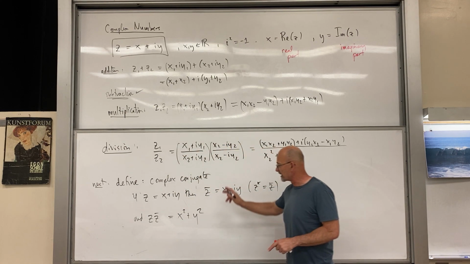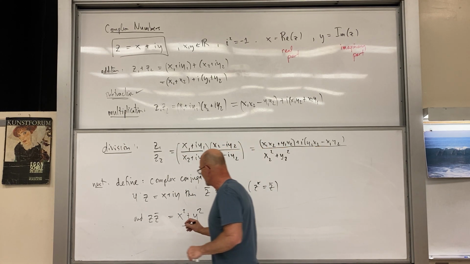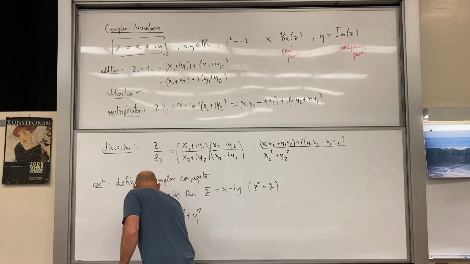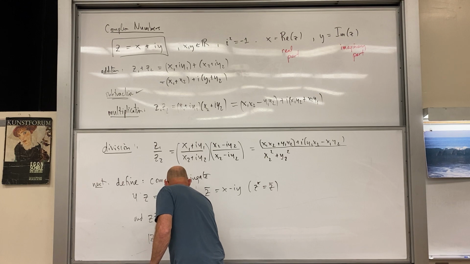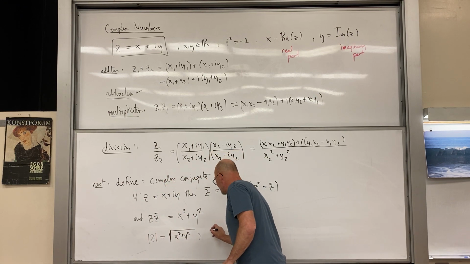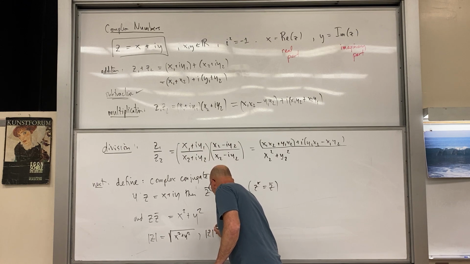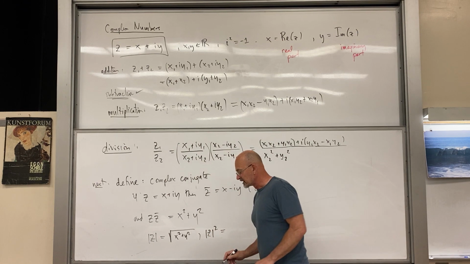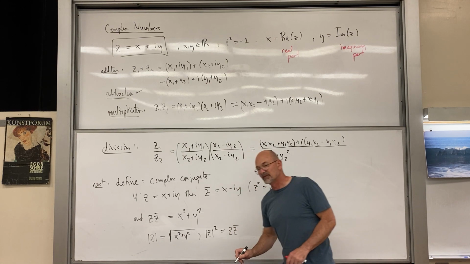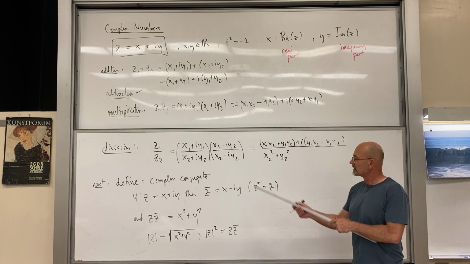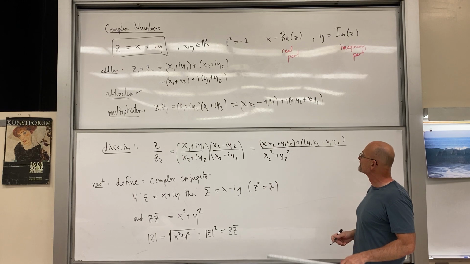Okay, talking about that. And we can define the magnitude of z is equal to the square root of x squared plus y squared. And of course, the magnitude squared in complex numbers is z times its complex conjugate. So this is going to be very useful.